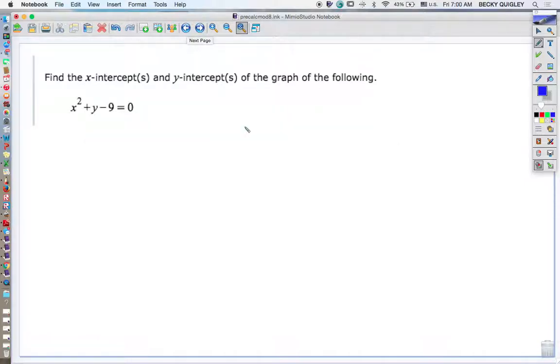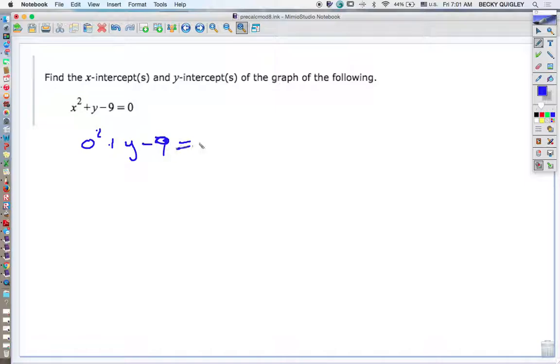Okay. I just wanted to do a quick review of finding x and y intercepts when problems aren't in standard form. So to find x-intercepts, we plug in 0 for y and solve, and to solve for y-intercepts, we plug in 0 for x. So let's find our y-intercept first.